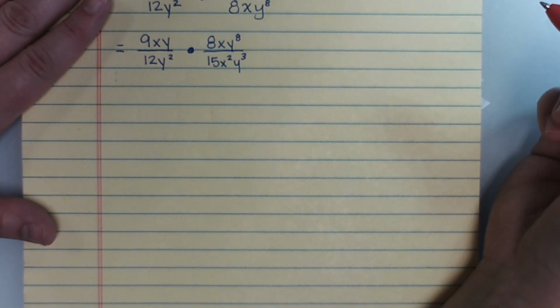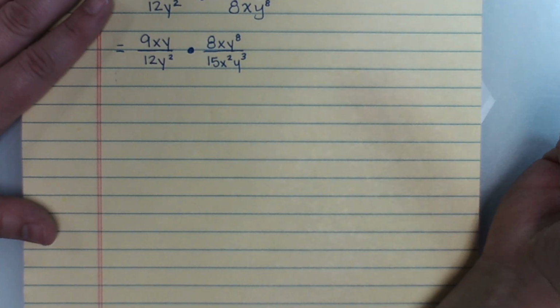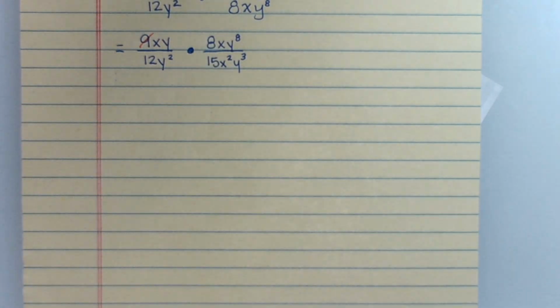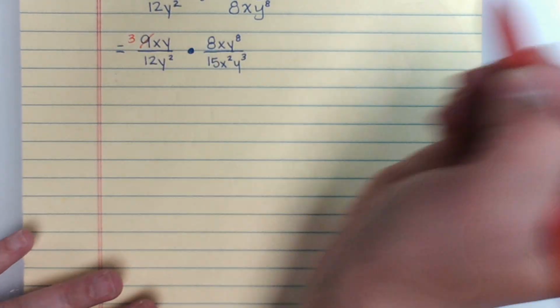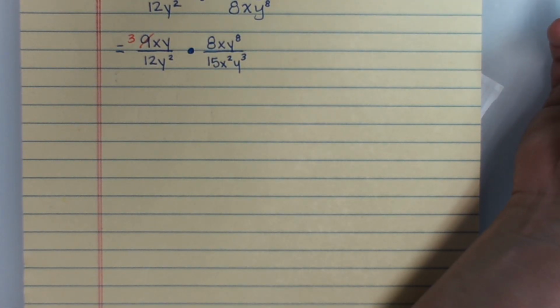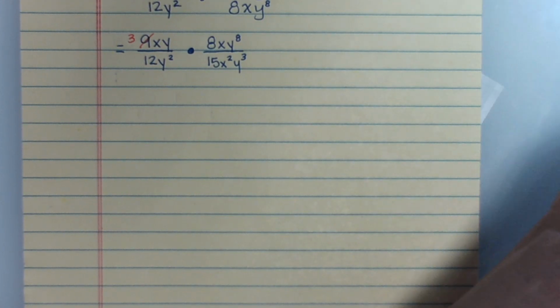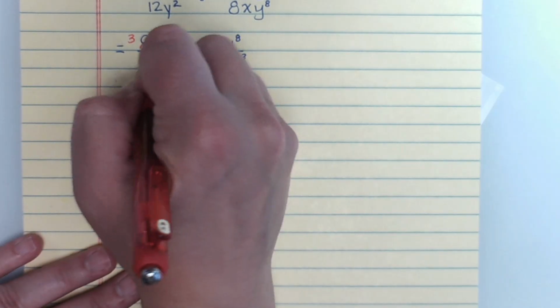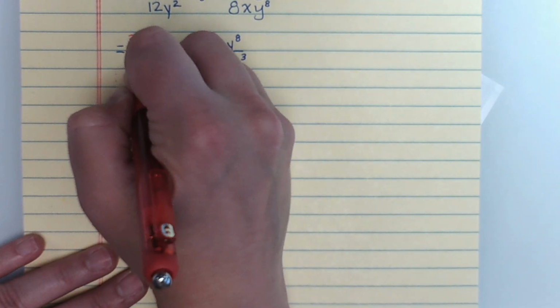3xy, let's deal with it in pieces. The 3 can come off of the 9. Does it come off the 12, the 15, or both on the bottom? It can come off the 15, it can come off the 12, just don't take it off of both. It really doesn't matter which one you take it off of. I'm going to take it off the 12 because I can.